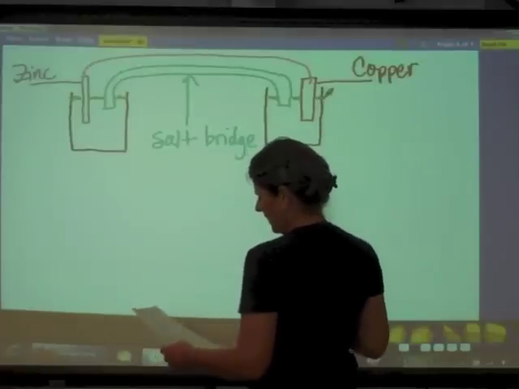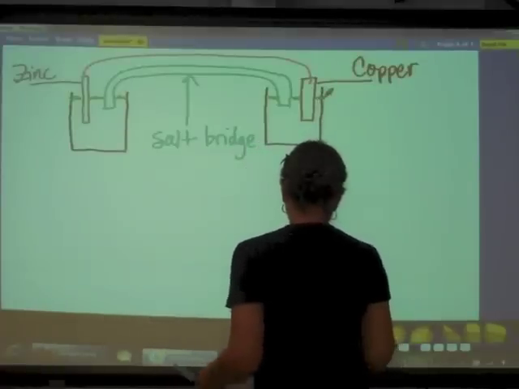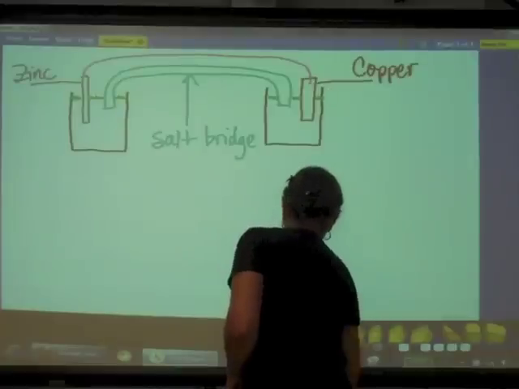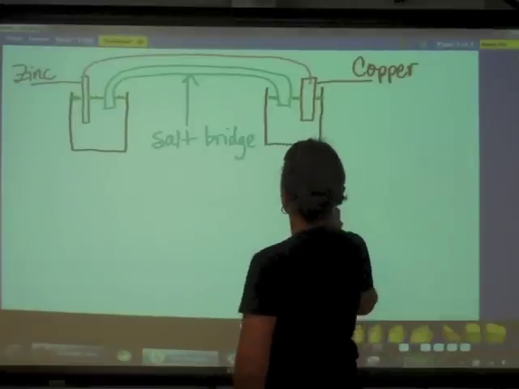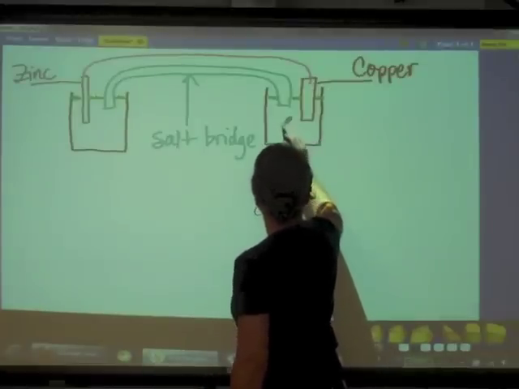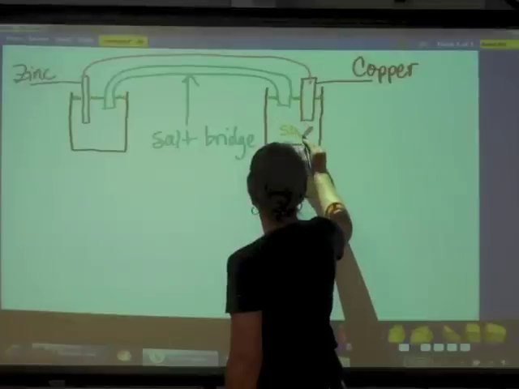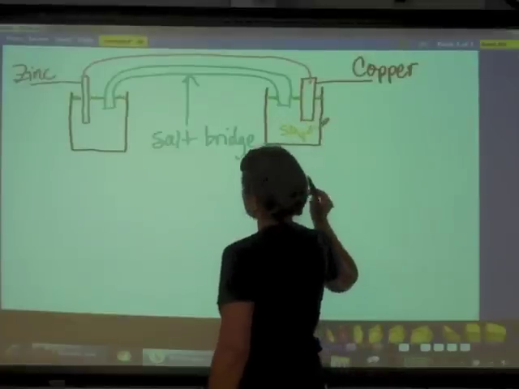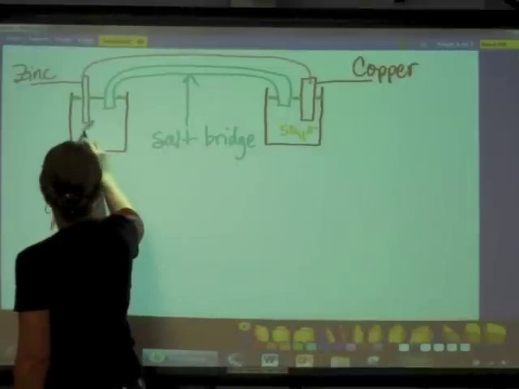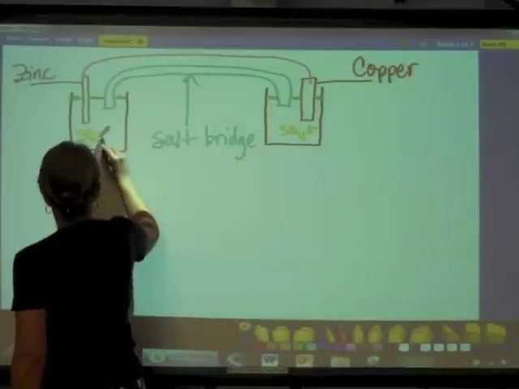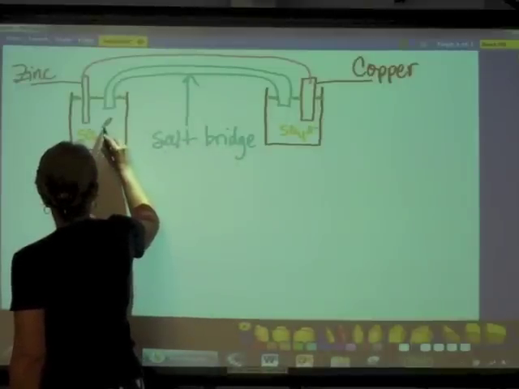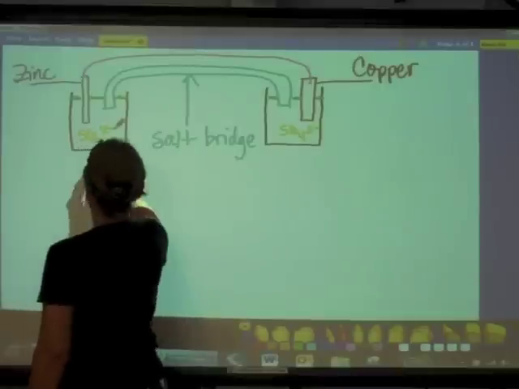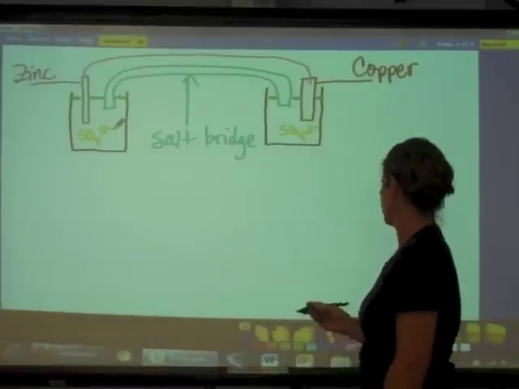And on both sides, you guys, we've got sulfates. SO4 2 minus, SO4 2 minus. That's a 4. That's sulfate. That's not a 3.